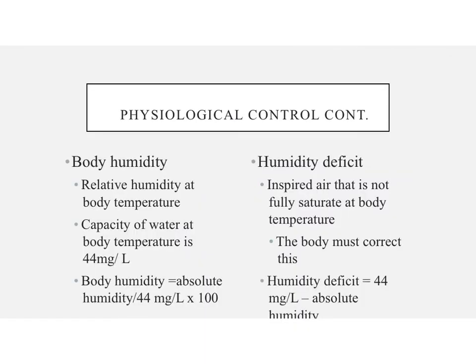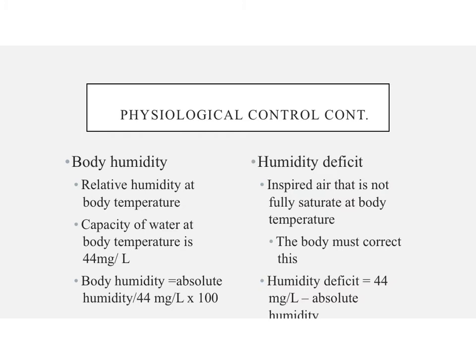Our last two key terms that we are going to go over are body humidity and humidity deficit. Body humidity is the relative humidity at body temperature, so 37 degrees. The capacity of water, or absolute humidity, at body temperature is going to be 44 milligrams per liter. That is the max amount of humidity that's going to be in the gas in the body once it's hit the BTPS conditions.